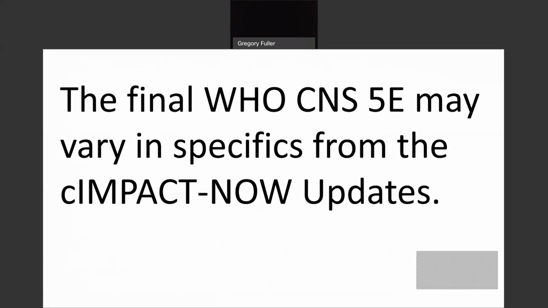That is true, but the updates are the best guide, the best indicator that we have right now, as to the major changes that are coming. And it is huge for you to have that head start, and you know what the issues are, what the considerations are, and whatever comes out will probably be mostly minor tweaking of what your mind is now prepared for.